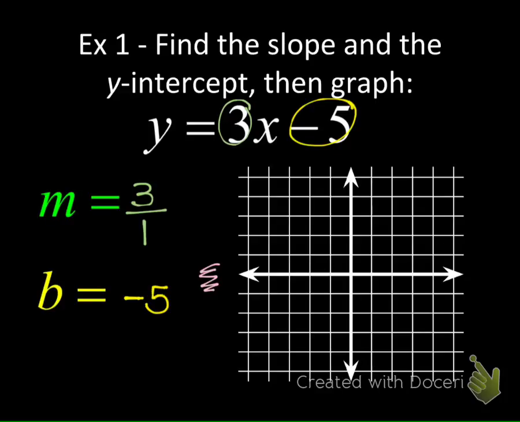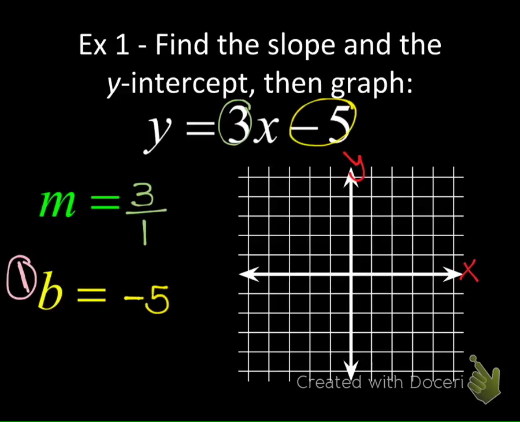Can you guys see that color? Yeah, okay. Now, from here, I'm going to go ahead and label my coordinate plane. The first thing that you're going to do is graph your y-intercept, because now we want you to find the slope and graph it.